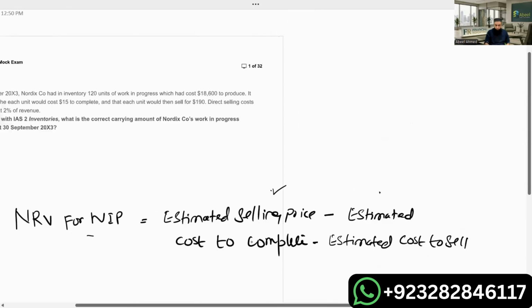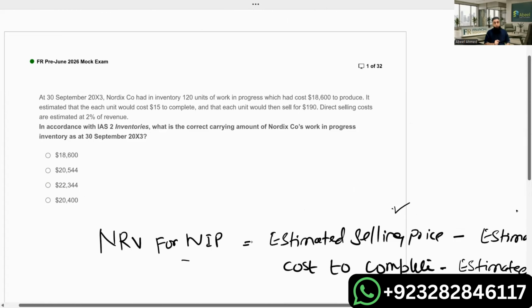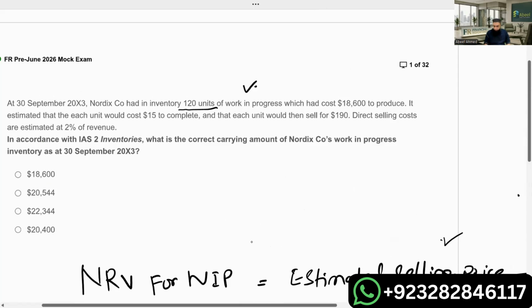First we have to see whether we need to calculate NRV of work in progress or NRV of finished goods. At 30th September X7, Nordic's company had in inventory 120 units of work in progress, which had a cost of 18,600 to produce.